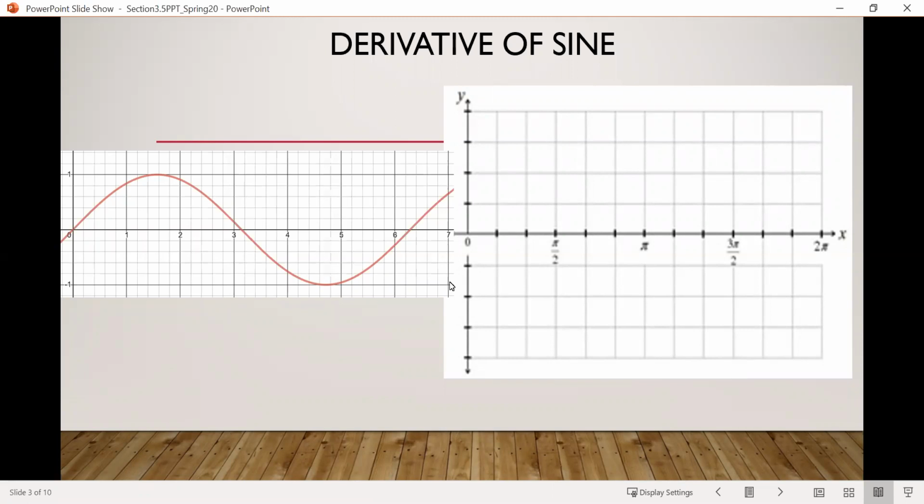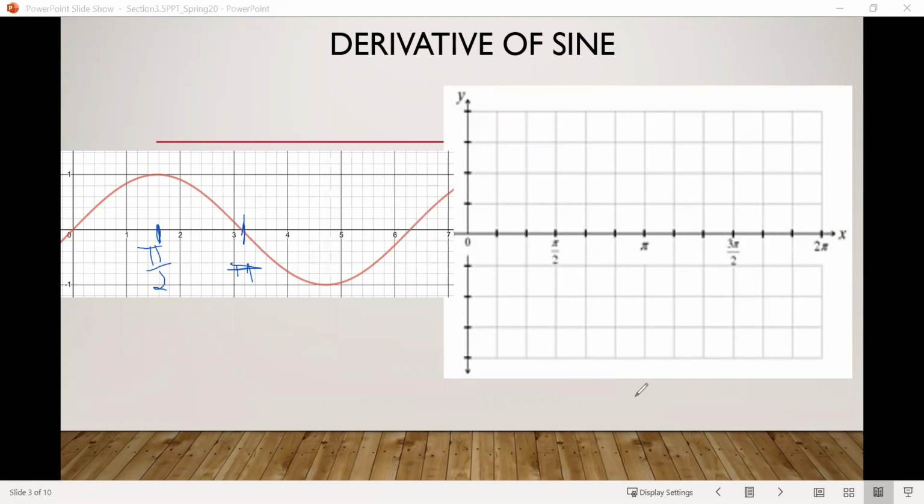Okay, so first of all, before we do that, let's mark a few of the important points on the sine graph. We know it's starting there at 0. We see this first peak right here, and if you'll recall from Math 142, that happens at pi over 2. This place where it crosses the horizontal axis is at pi.